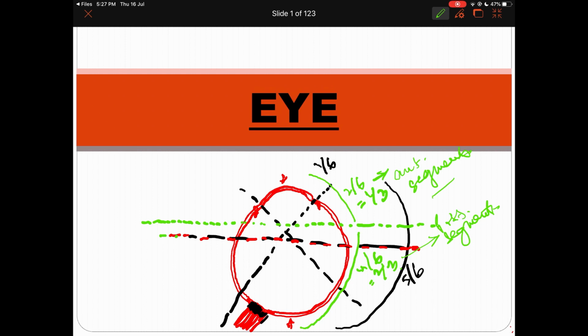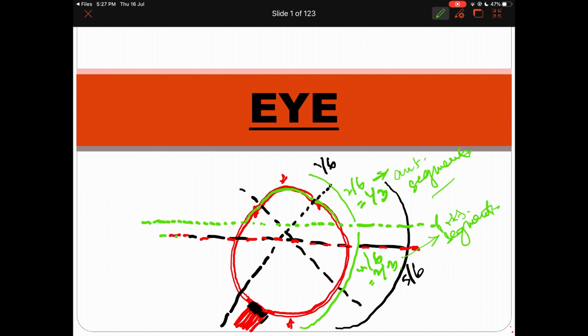You can see it in the mirror from outside, in which there is the total 100% cornea, and out of 5/6 of the sclera, 1/6 of the sclera you can see also, meaning a total of 2/6 you are watching, the remaining 4/6 you cannot.